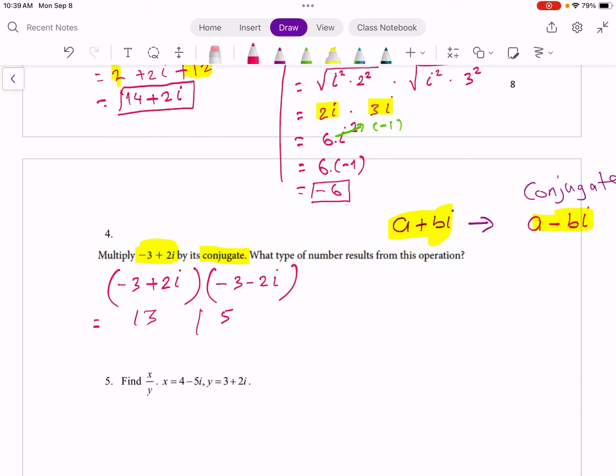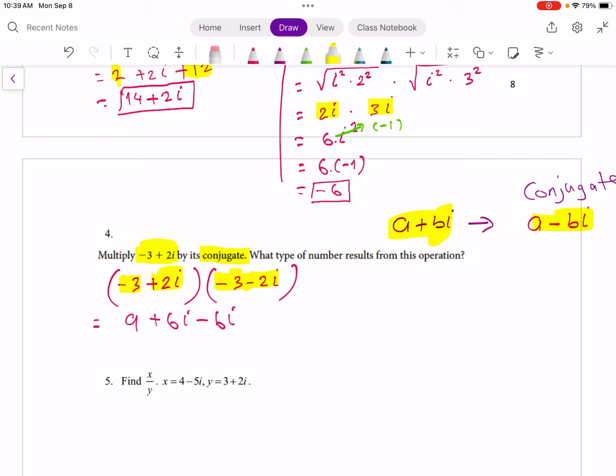So you multiply the first terms, okay? First terms are negative 3 and negative 3. Negative 3 times negative 3, positive 9. Multiply outside, negative 3 and negative 2i, that is positive 6i. Then we have inside terms, positive 2i times negative 3, that is negative 6i.